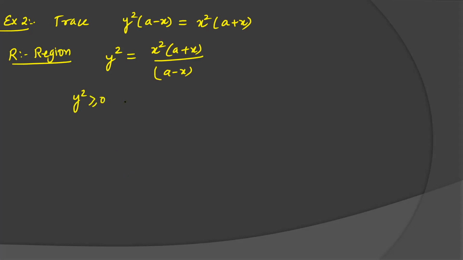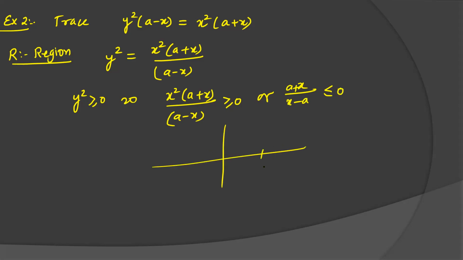Y square is greater than or equal to 0, so x square (a plus x) over (a minus x) is greater than or equal to 0. Since x square is always greater than 0, you can skip it. So x times a plus x, taking the minus sign outside, x minus a less than or equal to 0, because you are taking the minus sign. Now see the critical points, that are a and minus a.